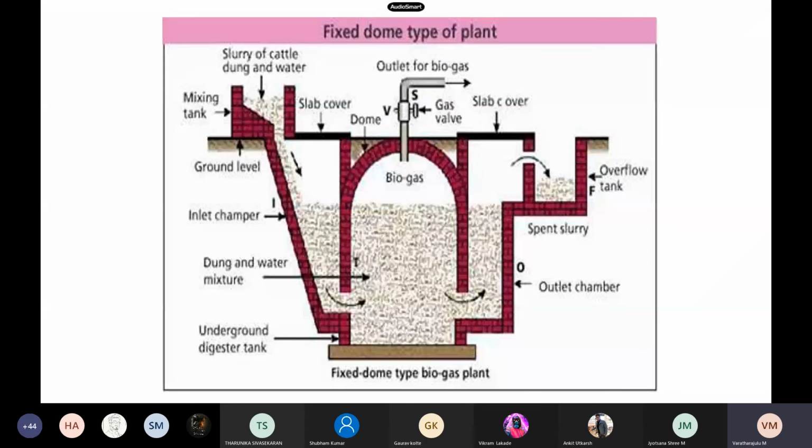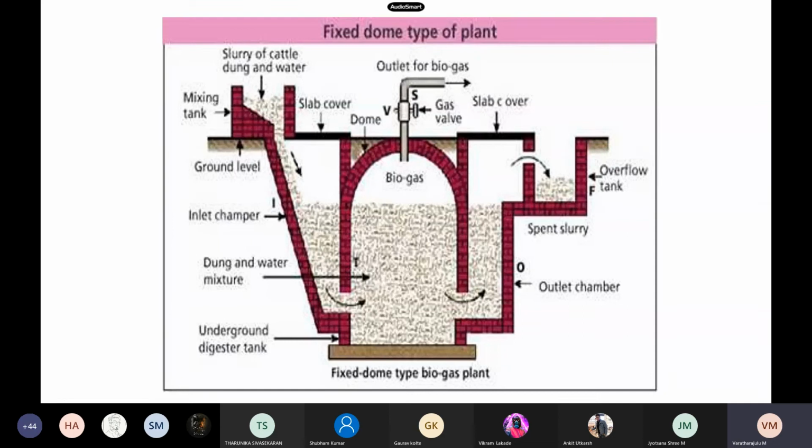Fermentation, as I detailed, is a chemical change in organic matter which, without the presence of air, produces a gaseous mixture. This gaseous mixture contains 50 to 60% of methane and 30 to 35% of carbon dioxide, and it has other impurities like hydrogen, nitrogen, etc. It is used as a fuel for cooking.